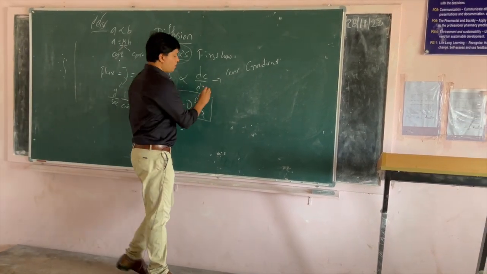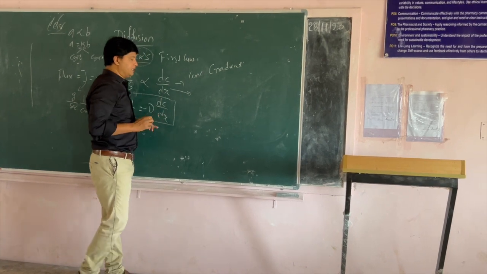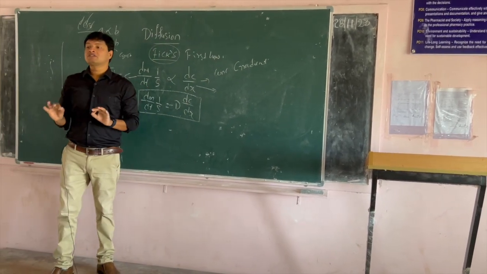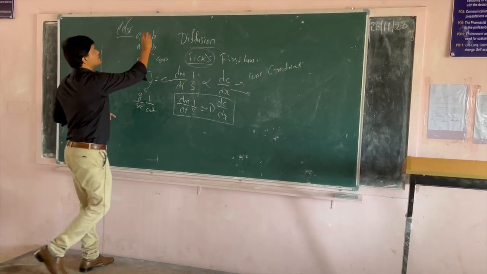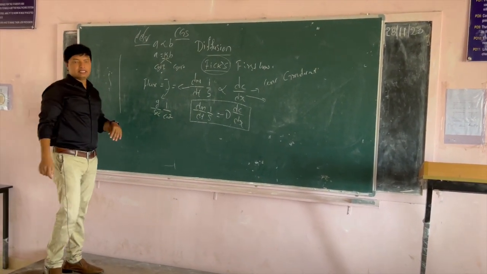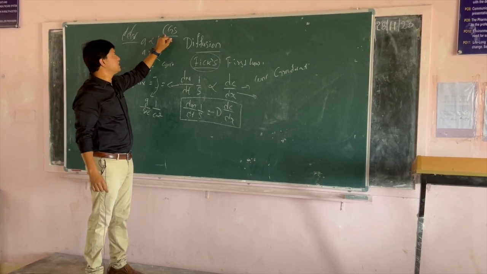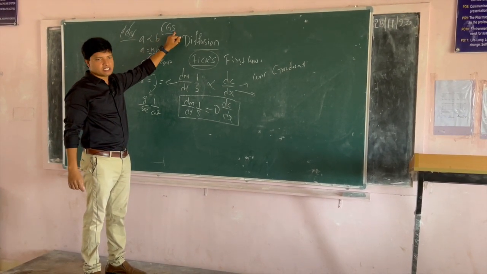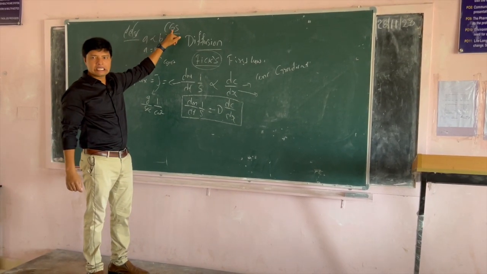Next, what are the units for concentration gradient? Express concentration in the CGS system. You can't express concentration in centimeter, you can't express concentration in seconds. The only option for you is gram.